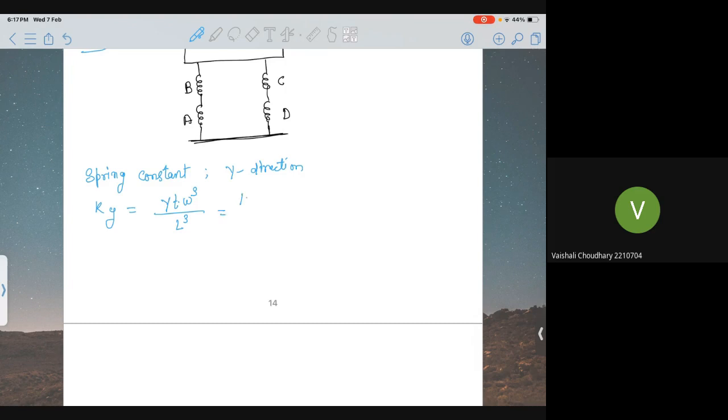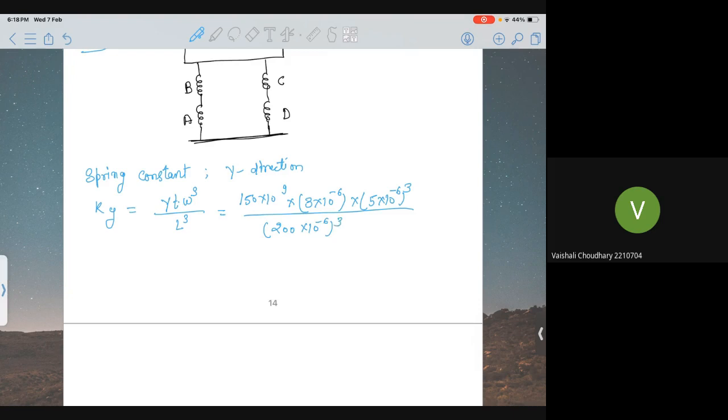Okay, if you put the values, it's gigapascal into 3 into 10 to the power minus 6 into 5 micrometer, and this is 200 micrometer.